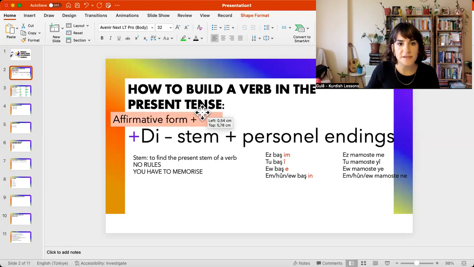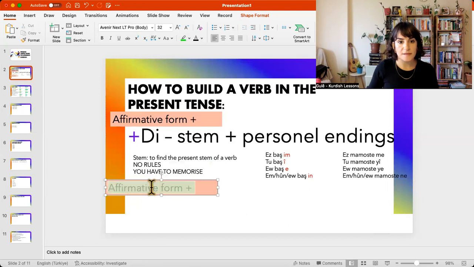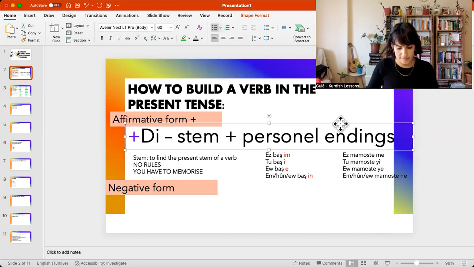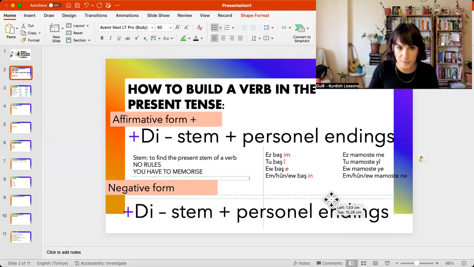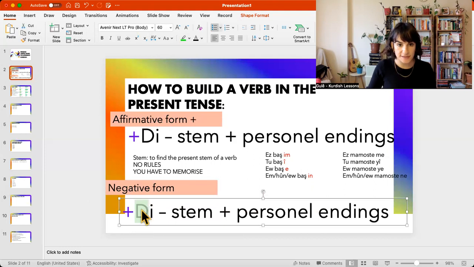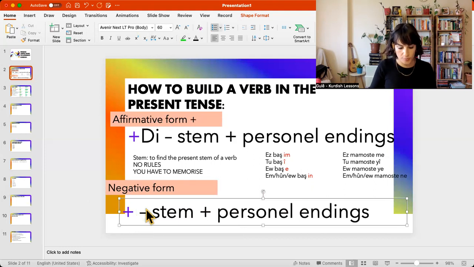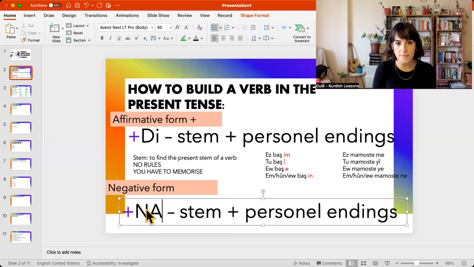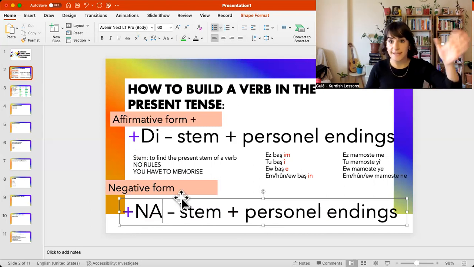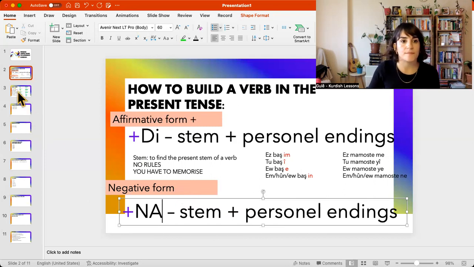Okay, so the affirmative form is with do, and the negative form is the same rule, but just instead of do, you put na. Okay? So now don't forget, instead of do, we will put na.